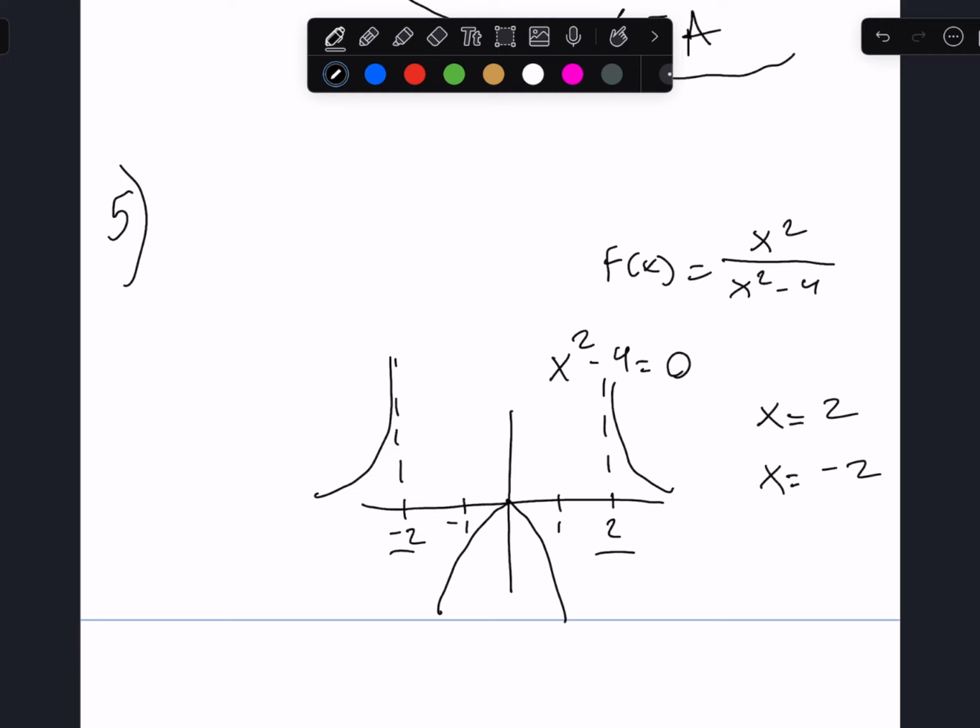And that's how you find the vertical asymptotes of the function f of x equals x squared over x squared minus 4.